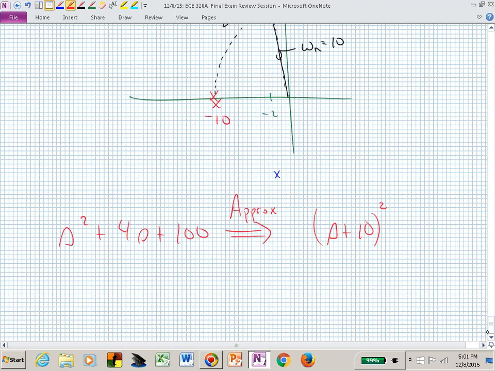And if we multiplied that out, we would have an S squared plus 20S plus 100, and this is our error in approximation. We're changing 4 to 20, and we're okay with that. It's not correct, but this allows us to more quickly sketch these Bode plots, and that's about as bad as we are going to get with the approximation, because look at where we started. We almost were purely imaginary with our poles.